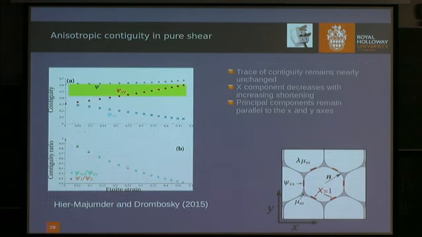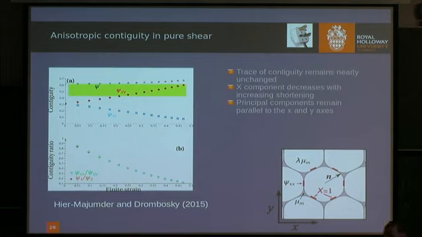for our calculations? So here is the plot. Again, we're plotting 3 things here. We're plotting the trace of the contiguity tensor, which remains nearly constant or maybe shows a slight increase. And then we have these 2 components, the XX component, which is basically the contiguity arising from that surface, and the YY component. Now what happens in pure shear is you are pressing down, the grains are stretching horizontally, and more of the vertical boundaries are getting wetted.